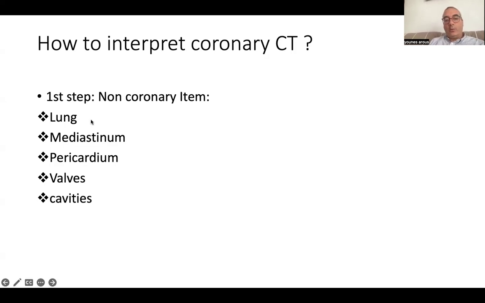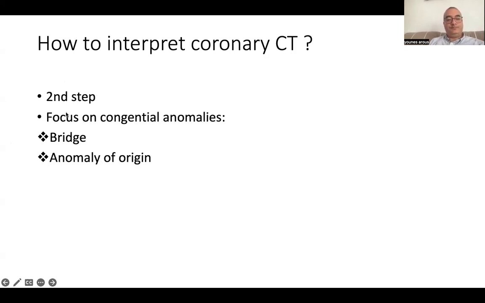Why? Because frequently we can find incidentaloma, so it's very important to start with non-coronary items to not forget to see them in the CT.